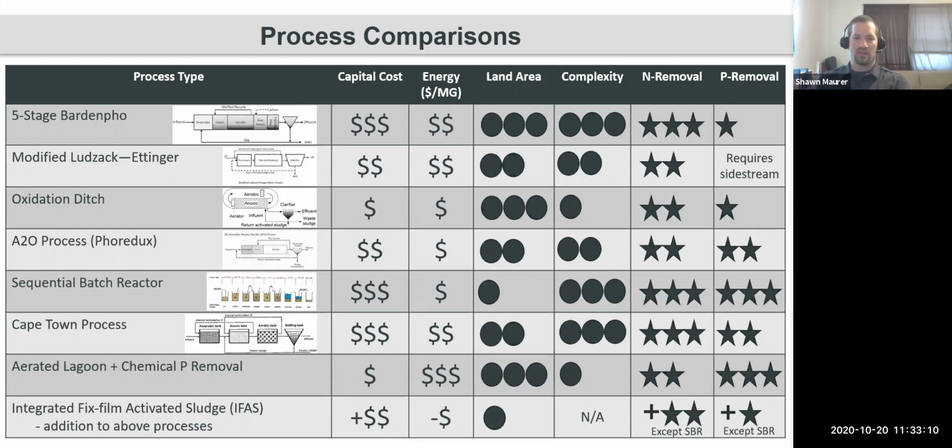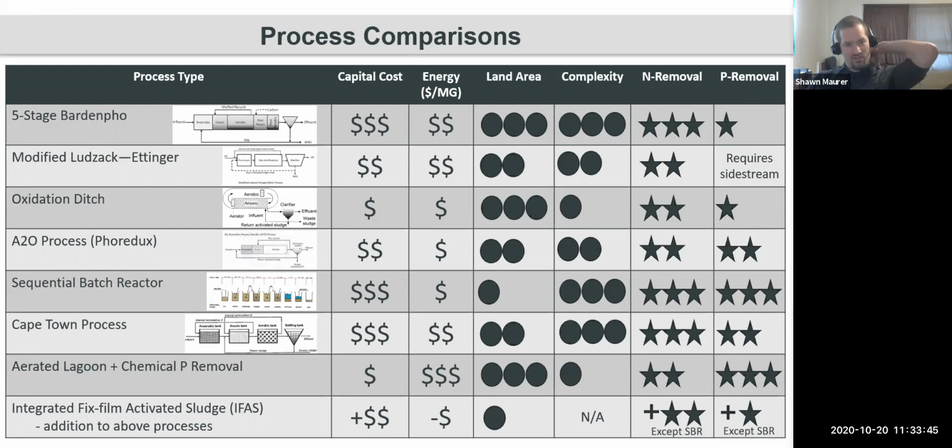We do note that because of the energy cost for a lagoon as far as dollars per million gallons treated, lagoons tend to, for enhanced biological nutrient removal, have a higher energy consumption per million gallons, even though overall, just due to their size, they are lower energy than some of these other plants in total. They are a higher energy per million gallons.